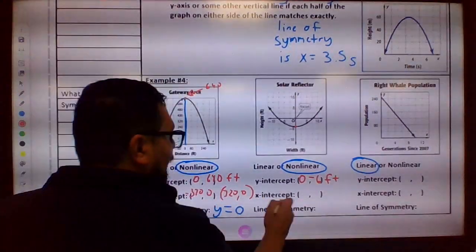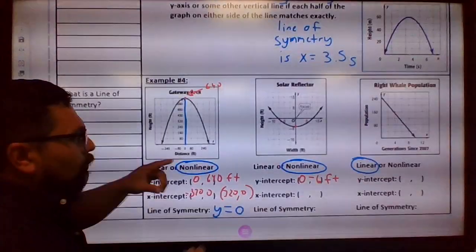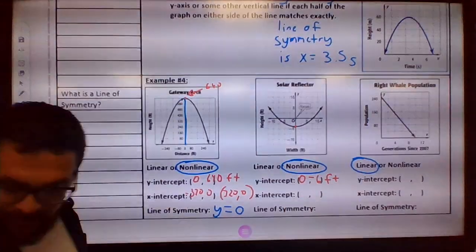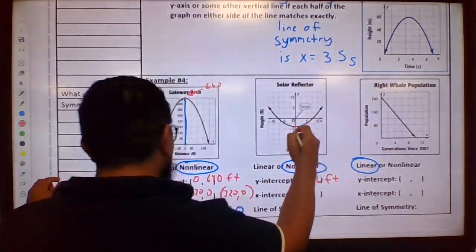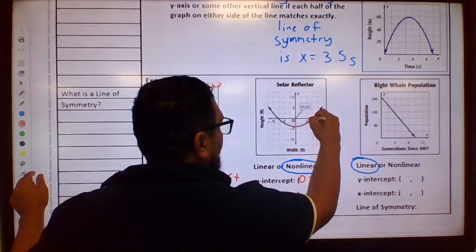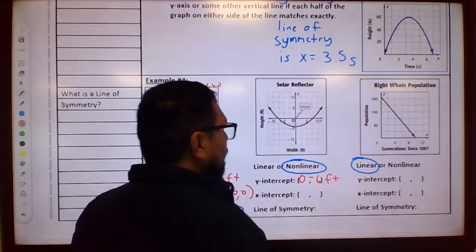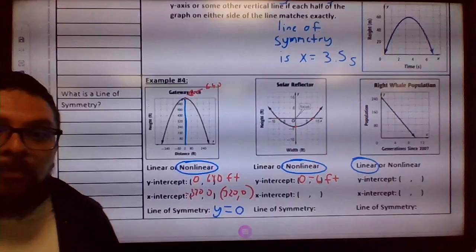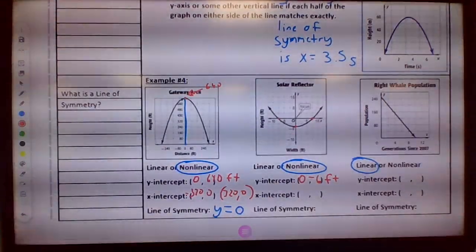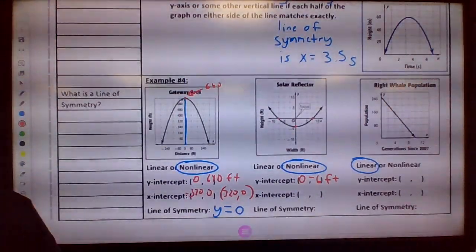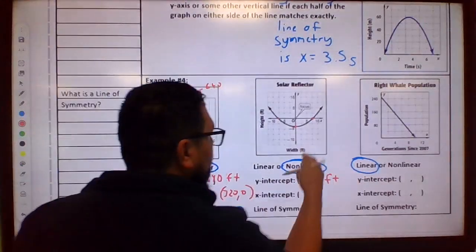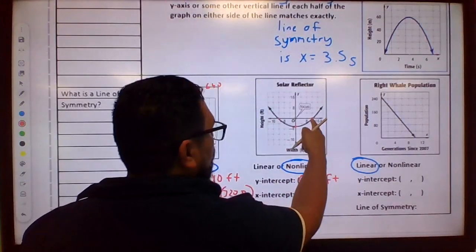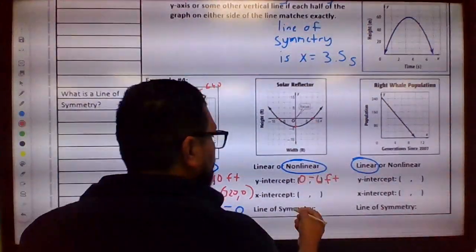And then the x-intercept is where it crosses the x-axis. It looks like it crosses the x-axis here and here. We'll agree on a consensus of where it crosses. So it looks like it crosses at 13. 13, because this is 12, it's a little past it, so let's agree on 13.